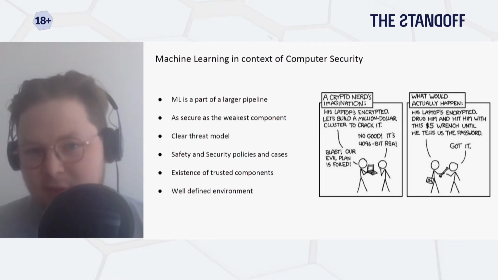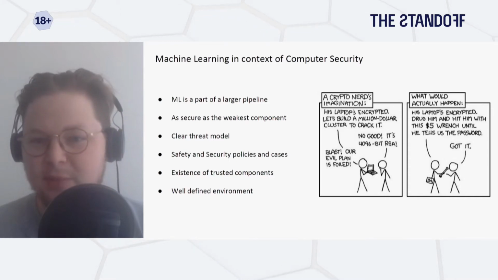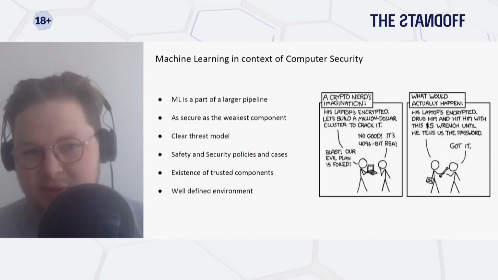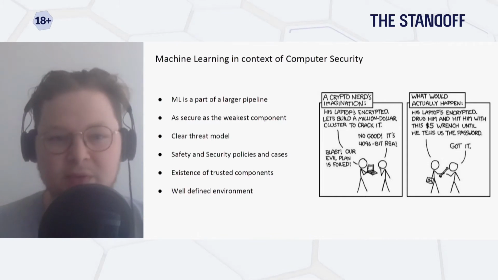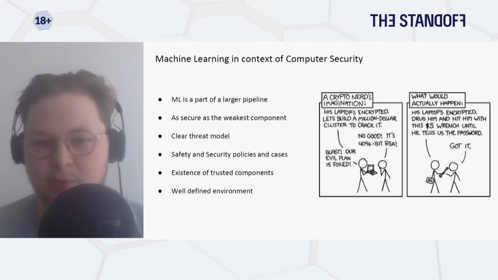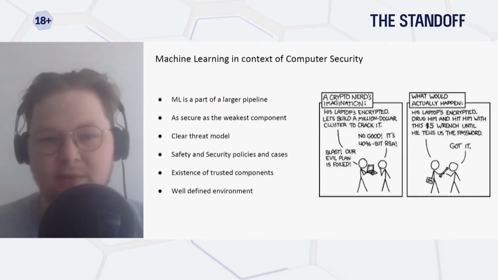And from computer security lessons, we know that your system is only as secure as your weakest component, so an Achilles heel of sorts. When we deploy systems, we have super clear threat models, and there are very clear safety and security policies, and also safety and security cases where you prove that the policies you've outlined are actually what you're observing in practice.